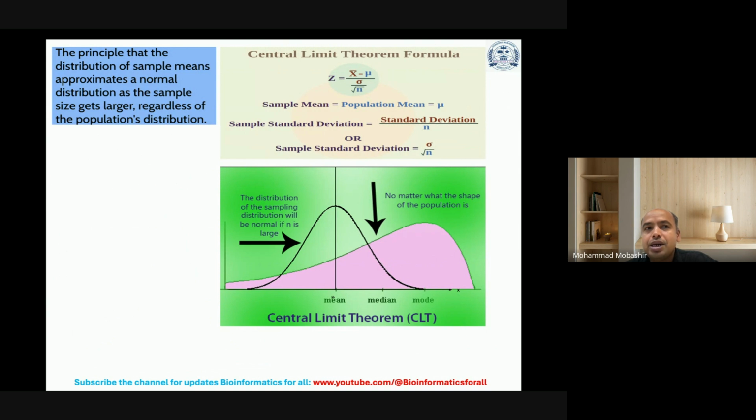So what is the central limit theorem? It is the principle that the distribution of sample means approximates a normal distribution as the sample size gets larger, regardless of the population distribution.